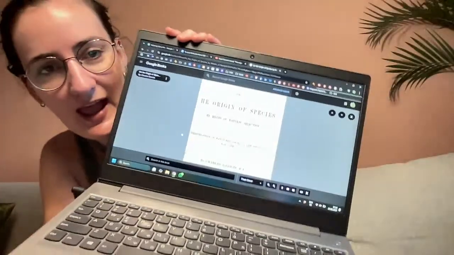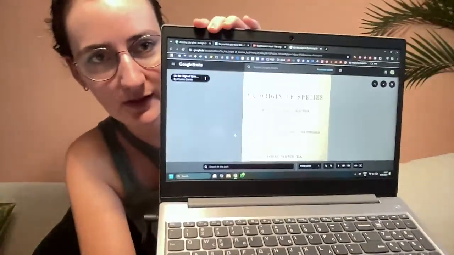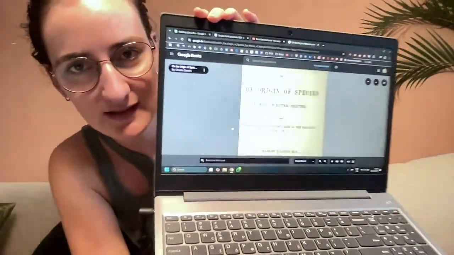The Origin of Species. Ooh. There's a preview and some pages written here, which look very old. This is very interesting. I mean, I can show you. This is how it looks.